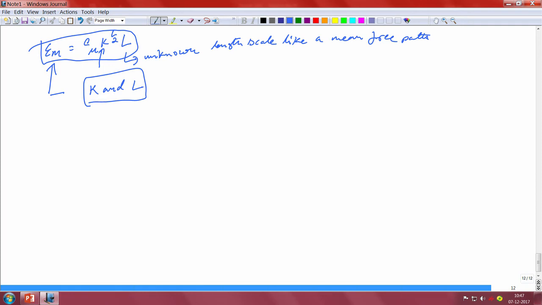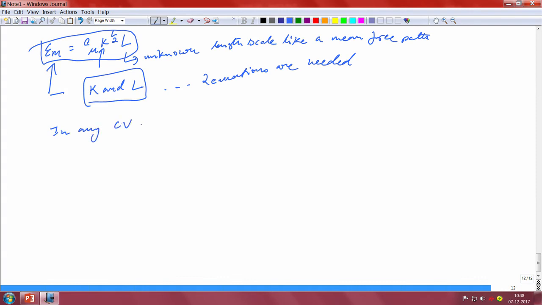Two equations are needed because your epsilon m is a function of two variables, the two new variables that you have suddenly brought out. Naturally, in order to solve this you need two more additional equations.